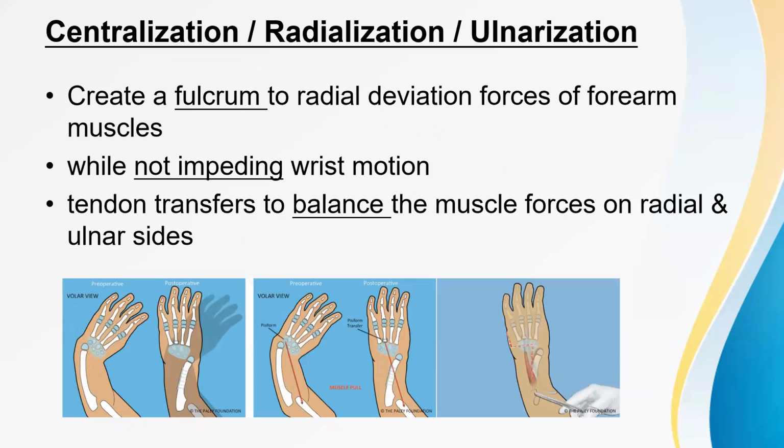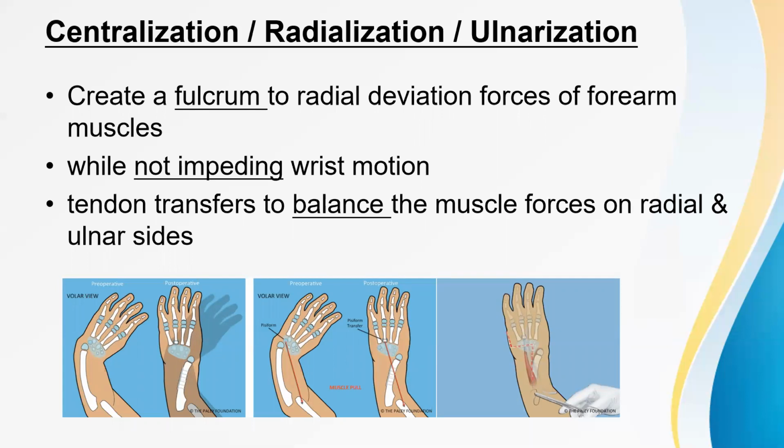Centralization, radialization, ulnarization, all of these aim to create a fulcrum to the radial deviation forces of the forearm and muscles while not impeding the wrist motion and balancing the tendon transfer forces on the radial and ulnar sides. The centralization is where we put the ulna in the center of the carpus.